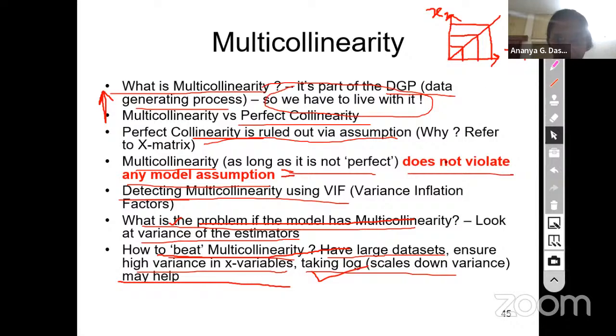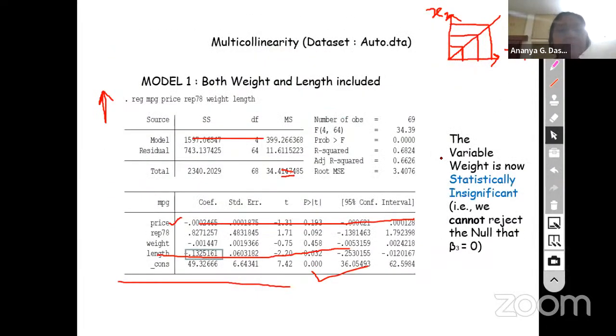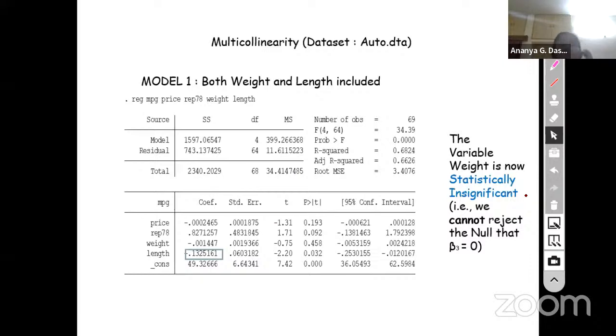So having said all this, I've just given an example of what can happen when there is multicollinearity. Stata has a lot of inbuilt data sets. One of them is called auto.dta.